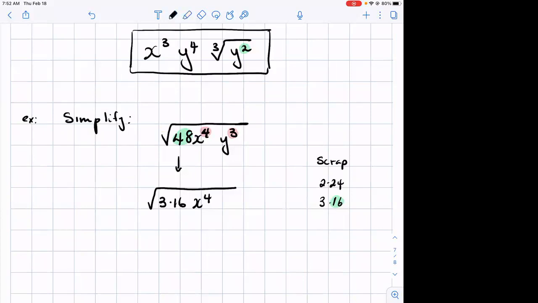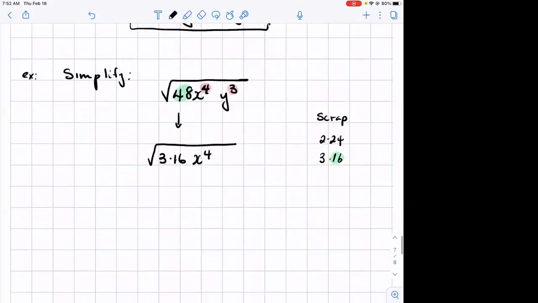So we can rewrite the y cubed as y squared times y to the 1. So we have y squared times y. And notice that I have to extend this line to cover everything.